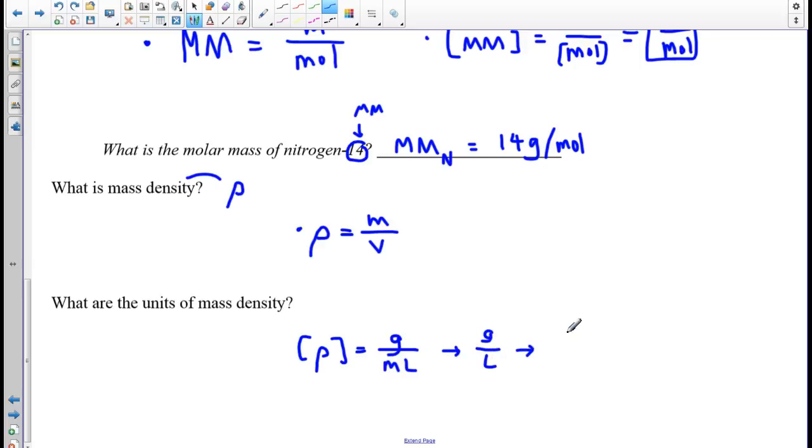But we can also measure volume in cubic meters, meters cubed, or centimeters cubed, or maybe kilograms per cubic meter. So you have a lot of options. You just need a mass unit in the numerator, which we have in every case, and a unit of volume down in the denominator, which we have.